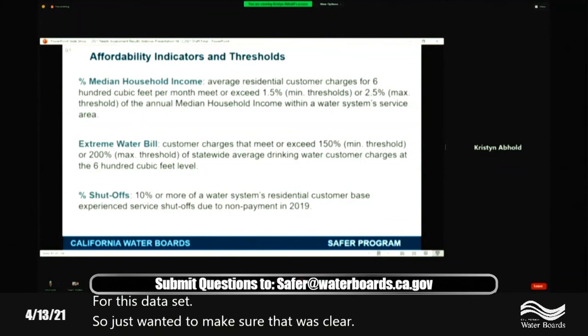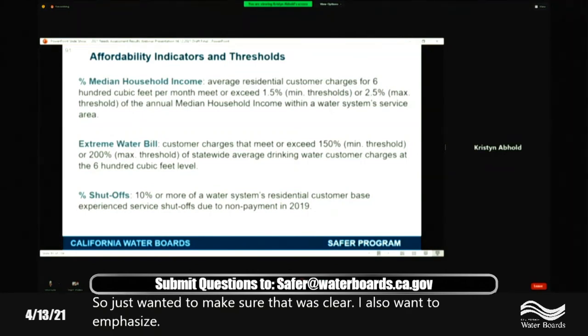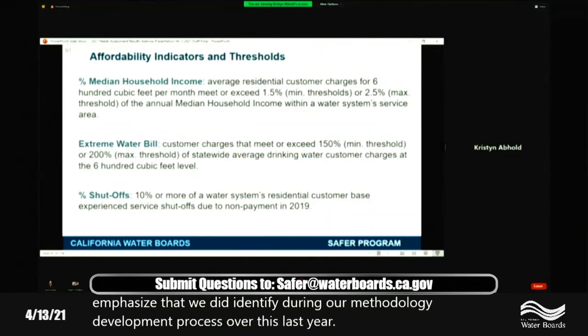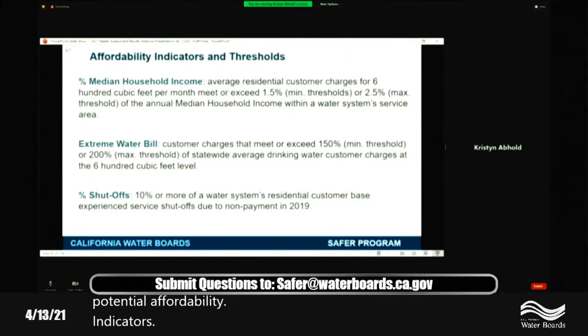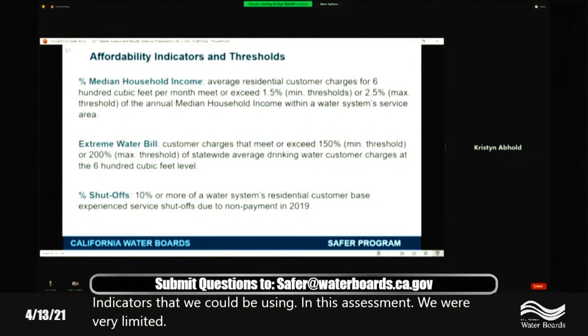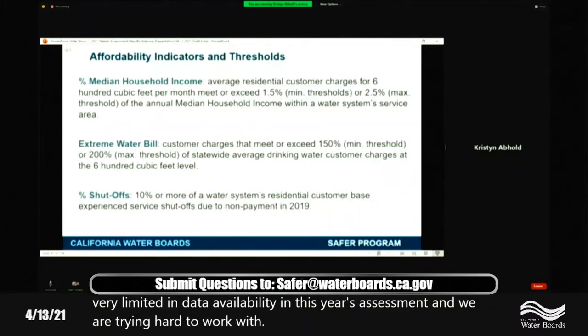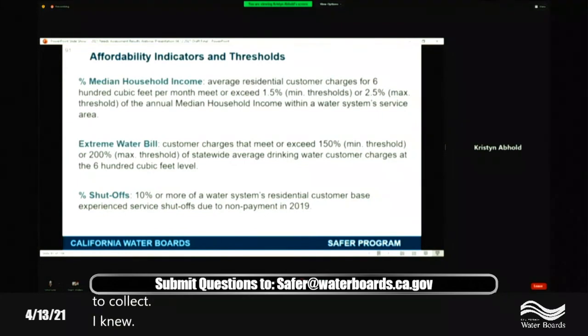I also want to emphasize that we did identify during our methodology development process over this last year many other potential affordability indicators that we could be using in this assessment. We were very limited in data availability in this year's assessment, and we are trying hard to work with our partners and our water systems to collect new data to help make more robust affordability indicators.